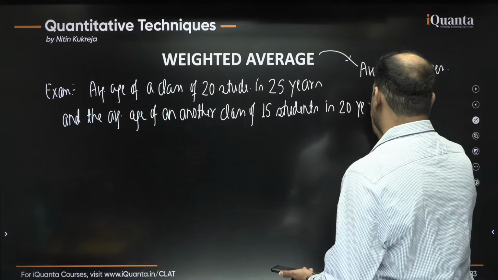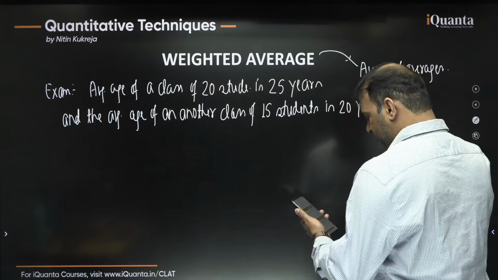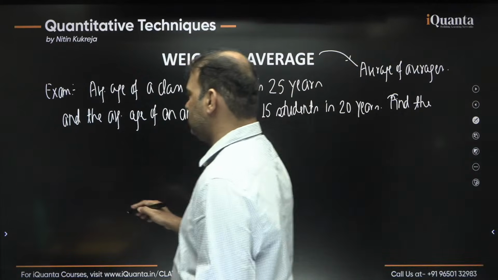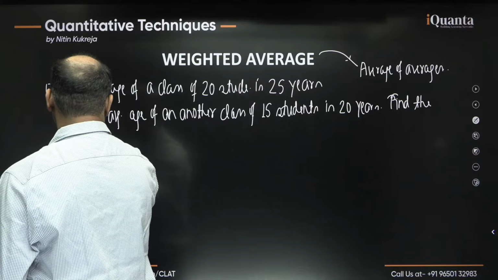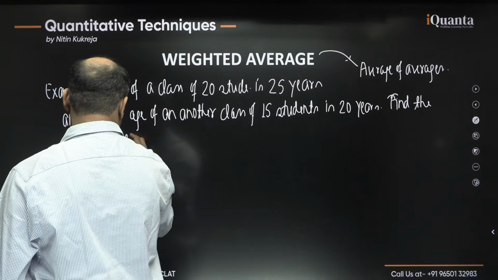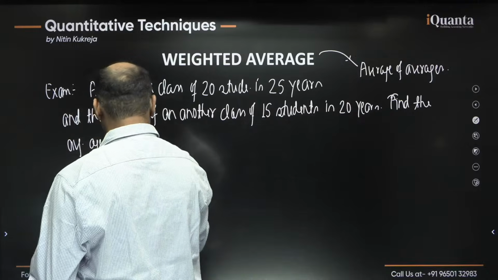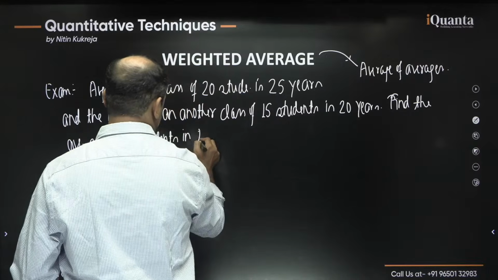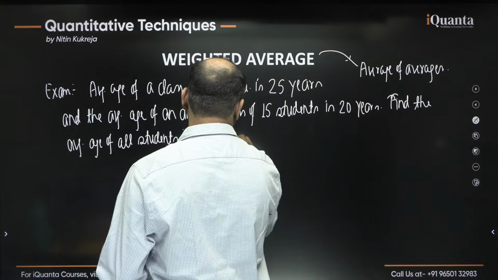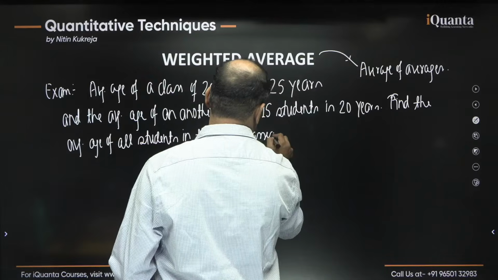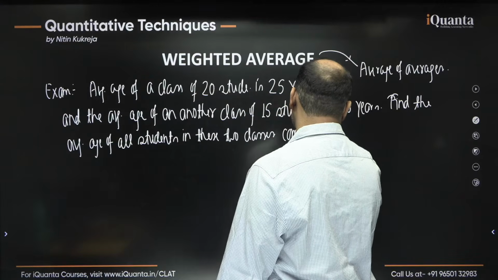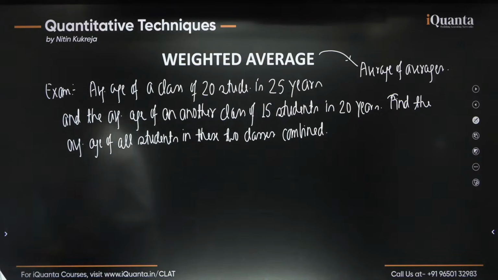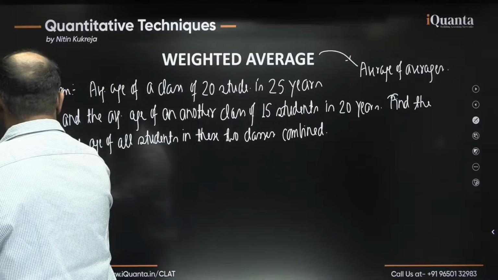Now we have to find the average age of all the students in these two classes combined. So this is the question which we have. Let's see how we can do that.